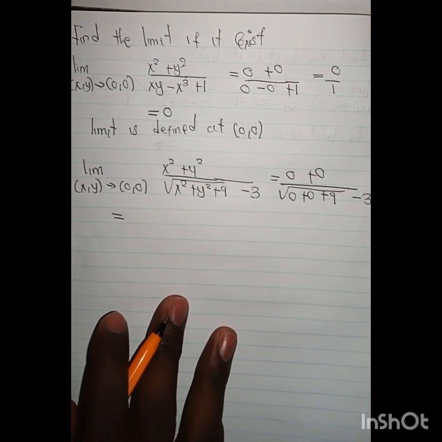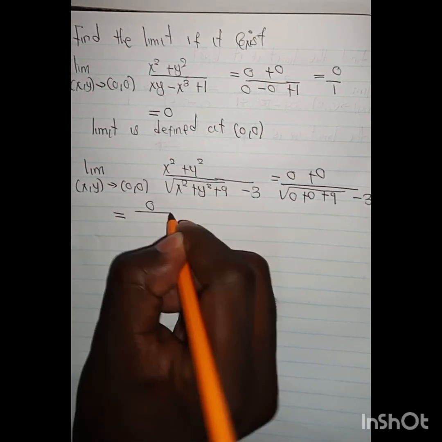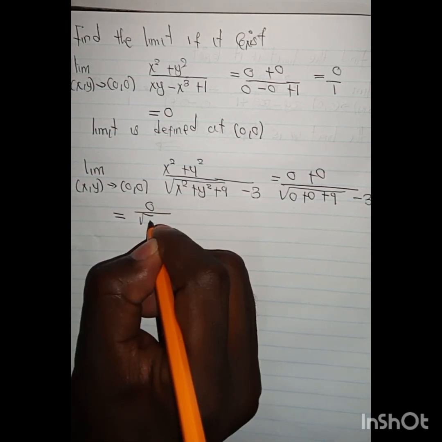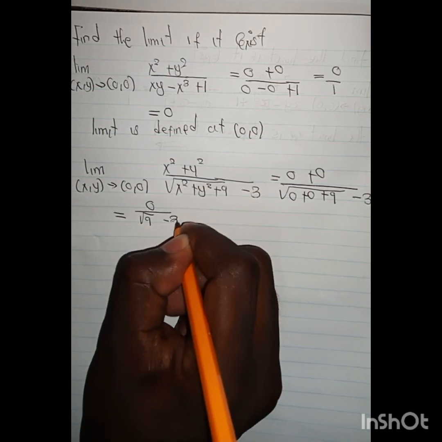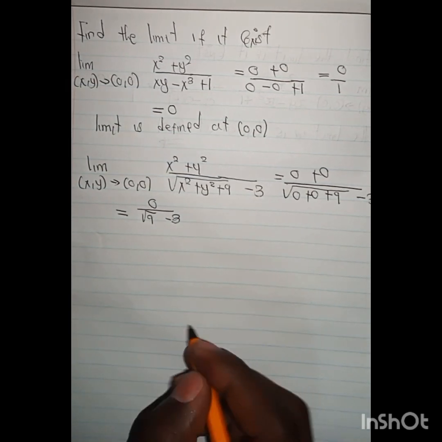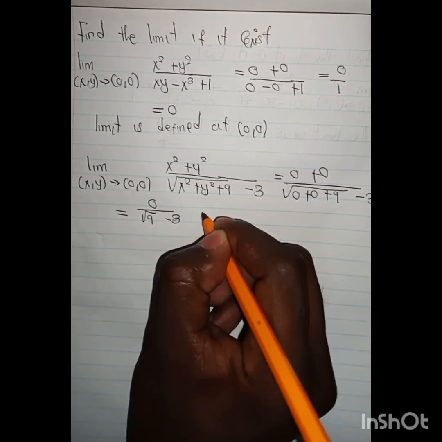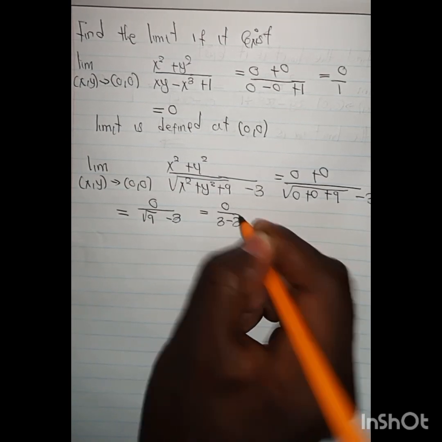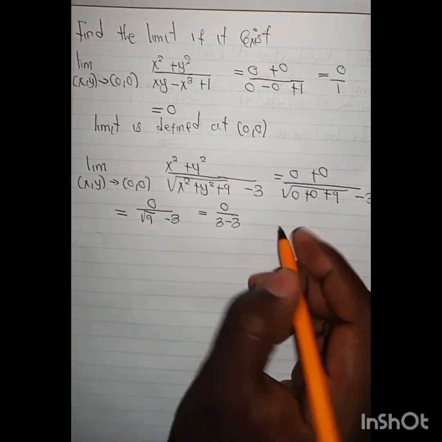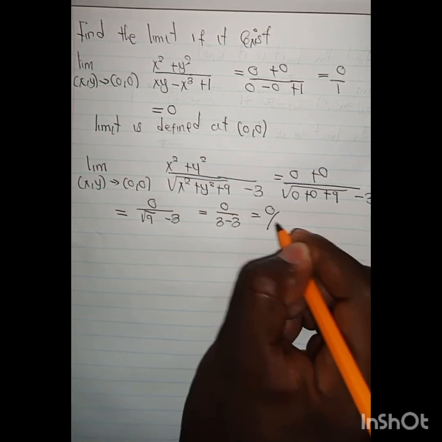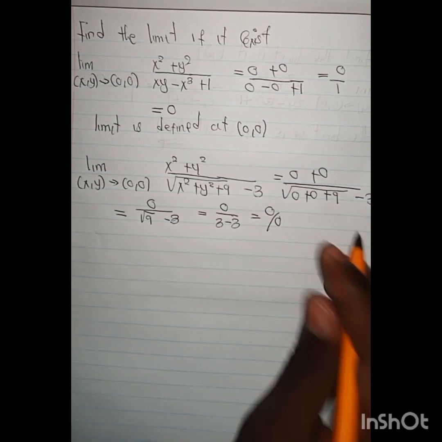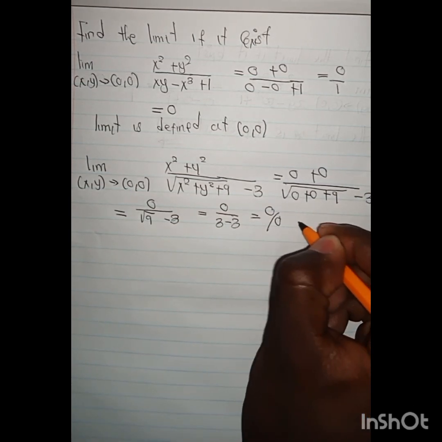And this will give me 0 over the root of 9 minus 3. The root of 9 is the same as 3. It means now you have 0 over 3 minus 3. 3 minus 3 is a 0. Then you have 0 over 0.